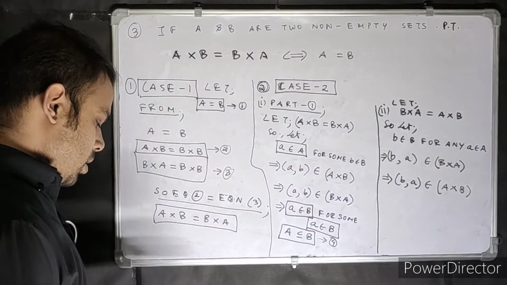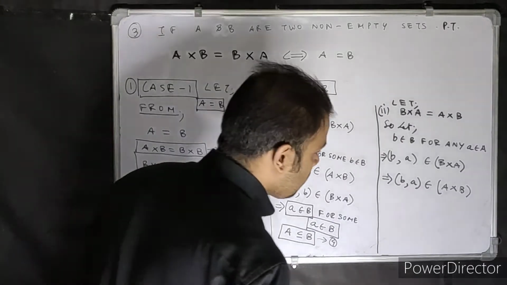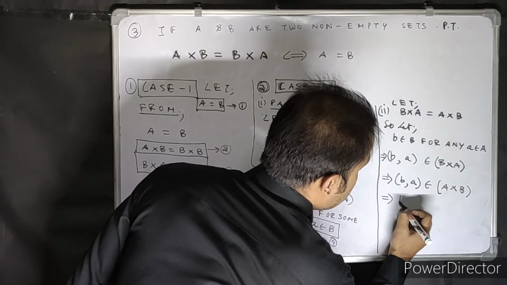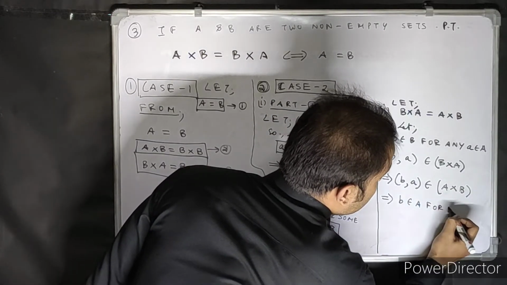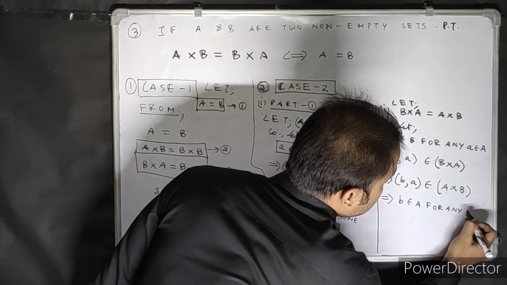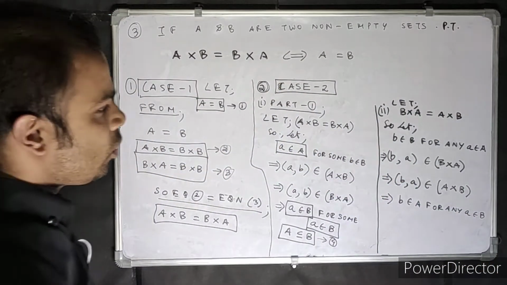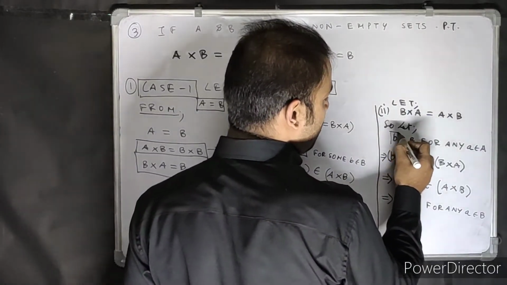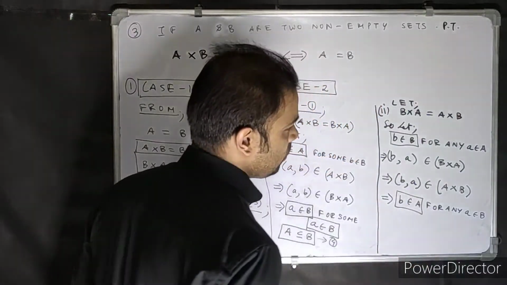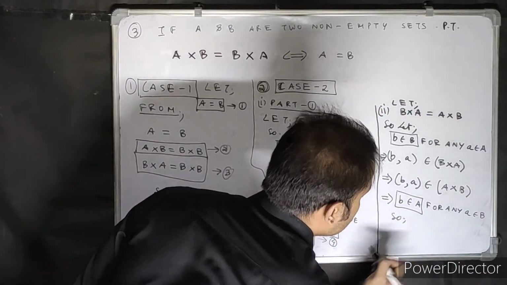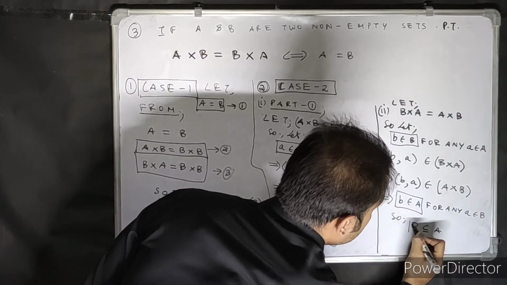Now from here, what do we get? Simple. Which implies that b belongs to A for any a belonging to B. So we started from here, b belongs to B, and we ended over here, b belongs to A also. So what can I write? B is a subset of A.